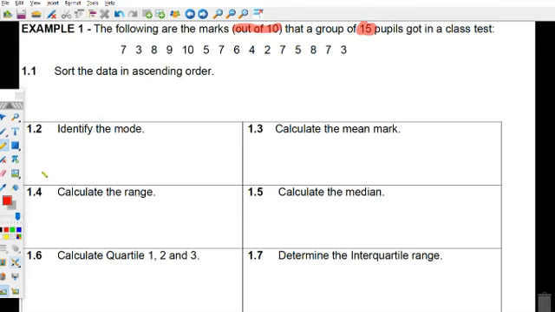The first thing we're going to do is put the data in ascending order. We must put the data in ascending order.